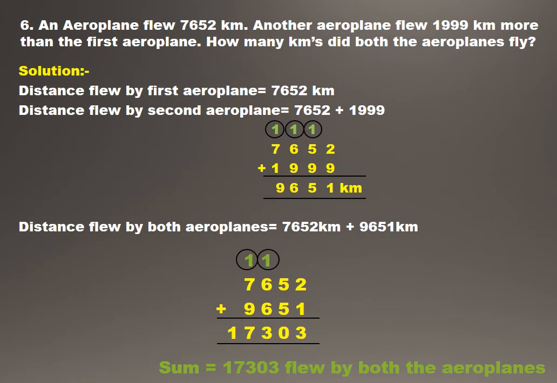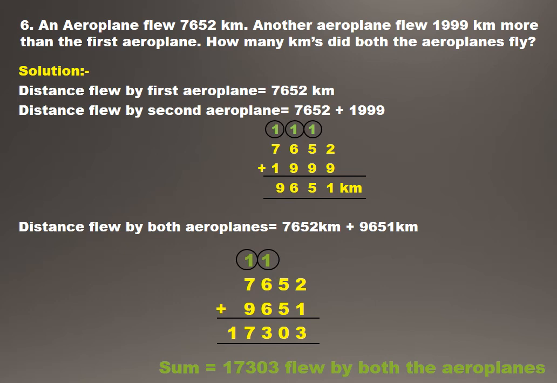So start with the solution. Write down solution first. First statement, distance flew by first aeroplane is equal to 7652 kilometer. Distance flew by second aeroplane, how you are going to calculate it?